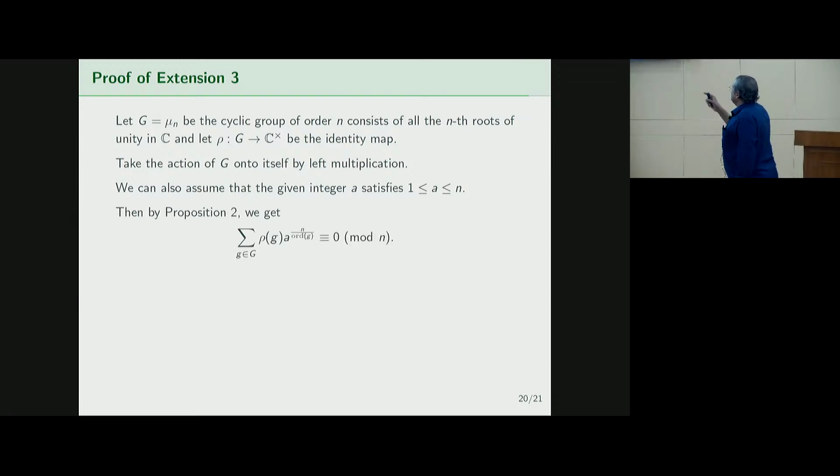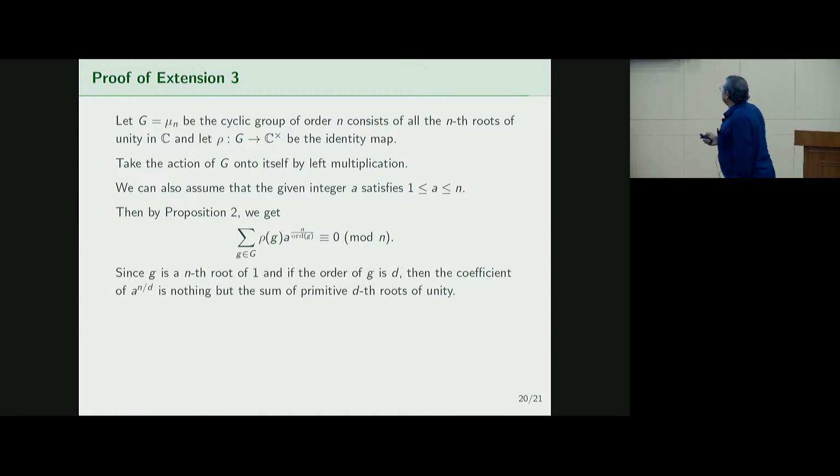So by proposition 2, what we had is the sum of rho of g to the power n by order of g is 0 modulo n. Now g is an nth root of unity, because our group is μ_n. If the order of g is d, then what is the coefficient of a to the power n by d?